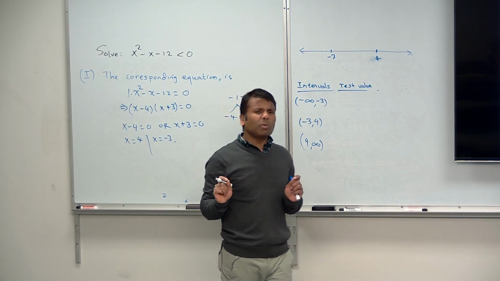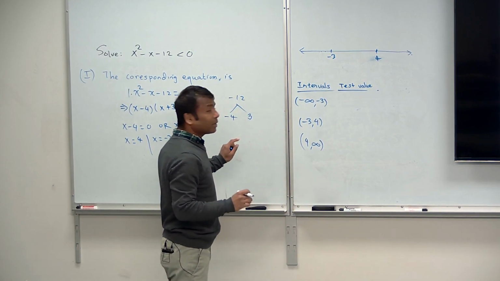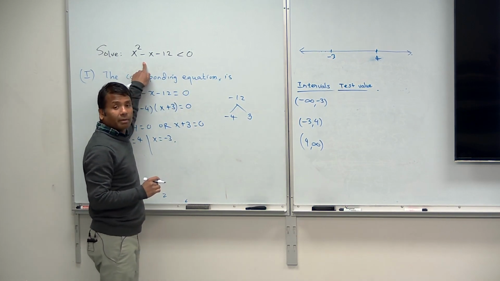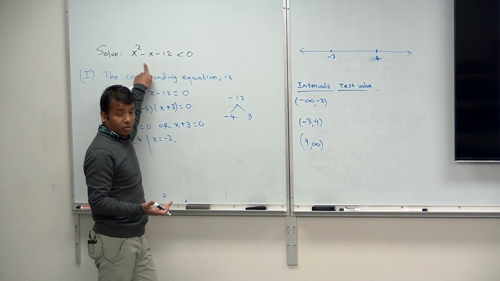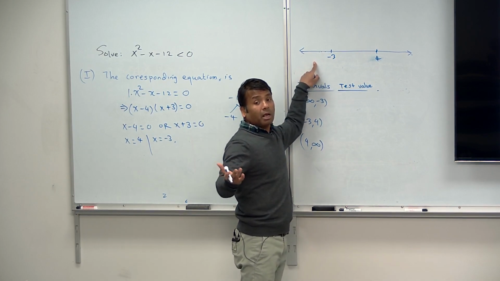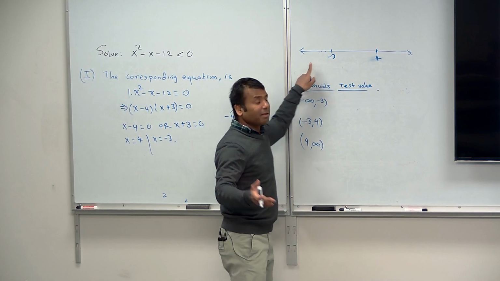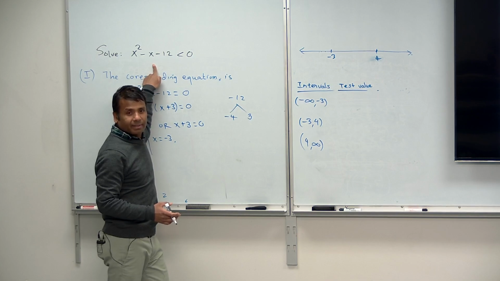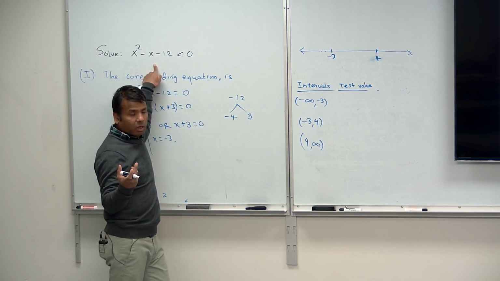But we need to be a little bit careful. You know what I mean? If we pick a smaller number, then when we plug in here, the calculation will be easier. If I pick, let's say, negative 9,999, something like that, then I have to plug in here, and the calculation will be huge.